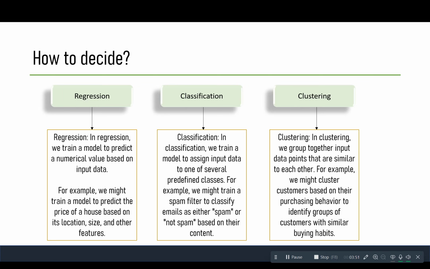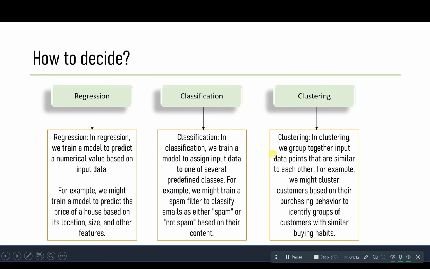In regression, the input data is also divided into two parts: training and testing data. The training data is used to train the algorithm, and test data is used to evaluate the performance. There are several regression algorithms including linear regression, polynomial regression, decision tree. And the last is clustering.